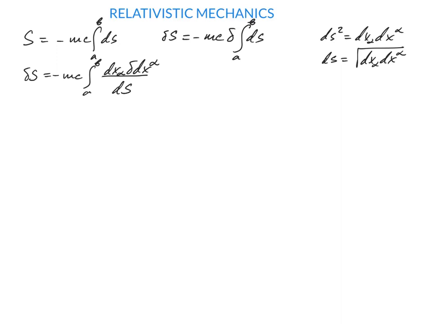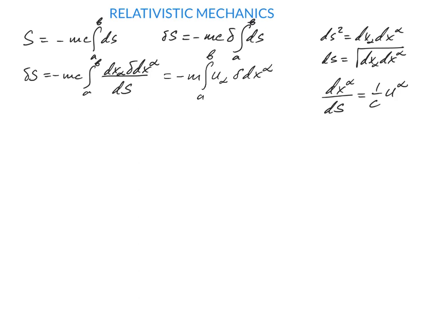Now further on, remember dx alpha by ds is 1 over c u alpha. This is the forward velocity according to our definition. Now if we lower the index, we'll find dx alpha by ds here with the velocity with a lower index. So I can rewrite this as minus m, c gets cancelled, so I have integral from a to b, u sub alpha delta dx alpha.